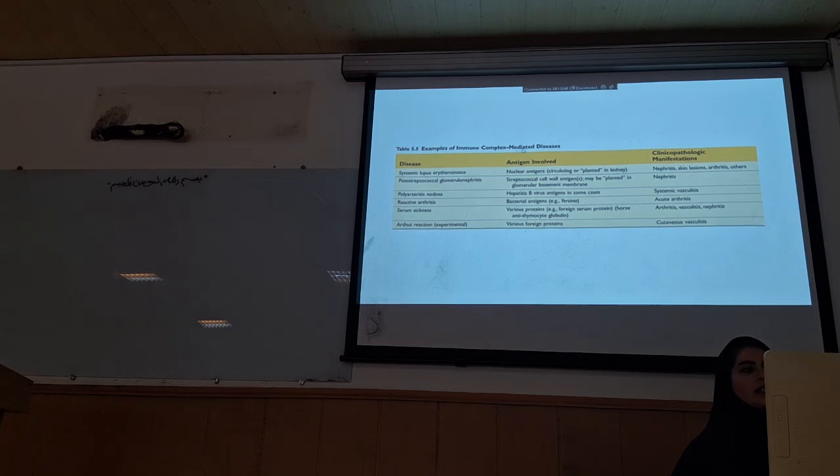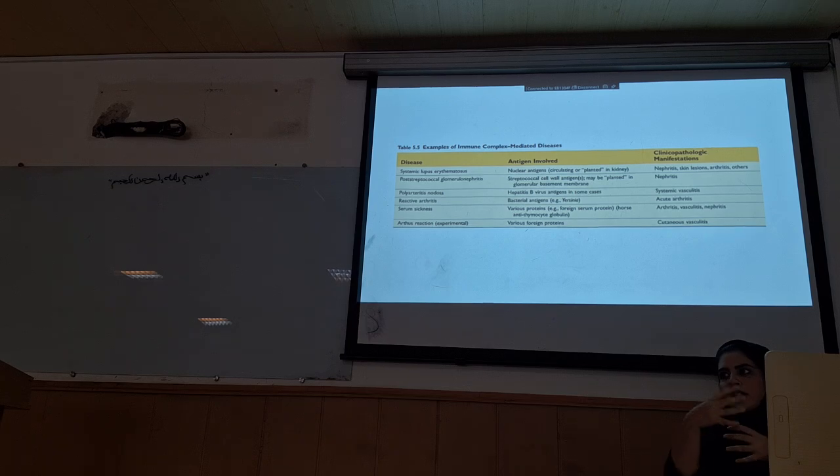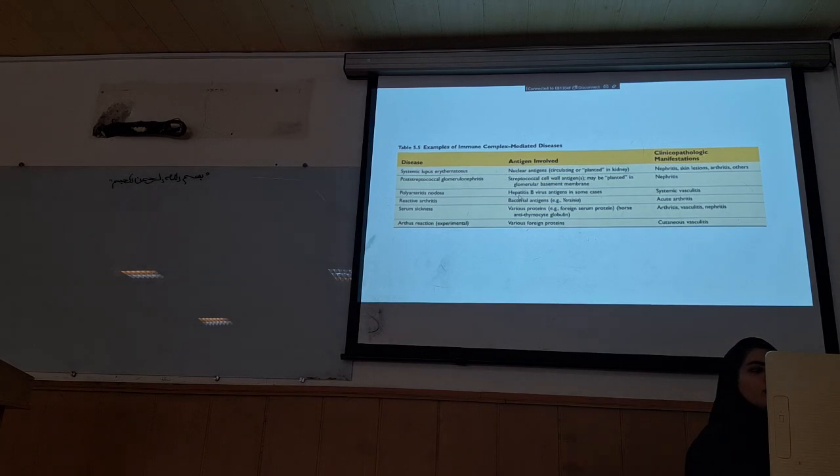So the examples of type 3 hypersensitivity reaction are SLE, systemic lupus erythematosus, and post-streptococcal glomerulonephritis. Here, the antigen is from the streptococcus, so it is an exogenous antigen. Polyarteritis nodosa, for example, is interesting.